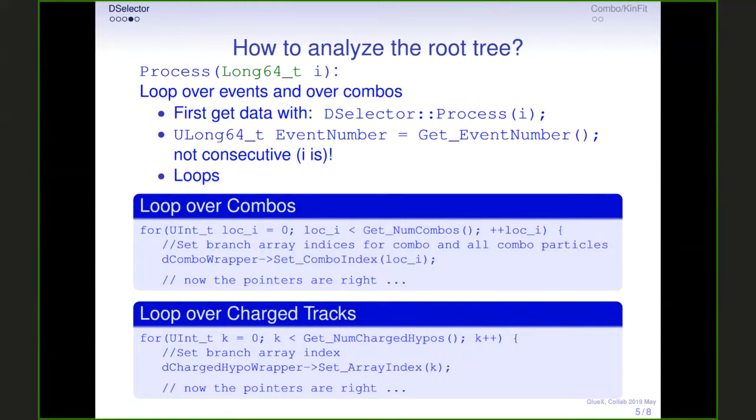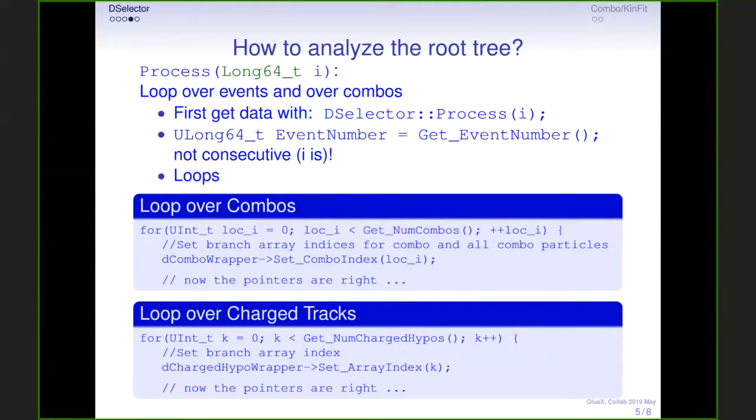But when you then ask get event number and compare event number with this I, you will see that the event number is not consecutive, but I is. So if you would print I and event number, then I would nicely increment 1, 2, 3, 4, 5, 6, 7, and so on, whereas event number could be quite random.